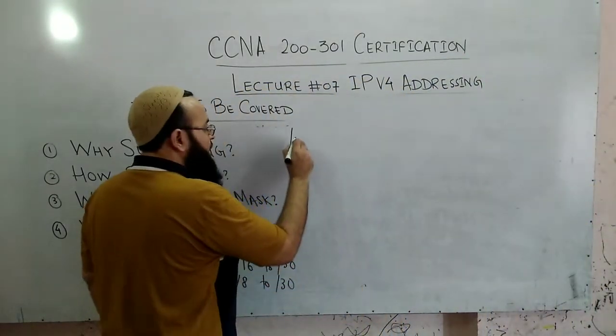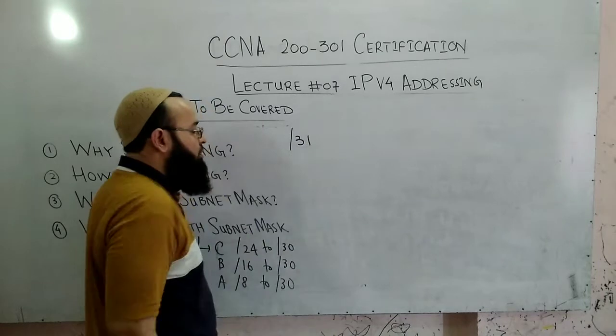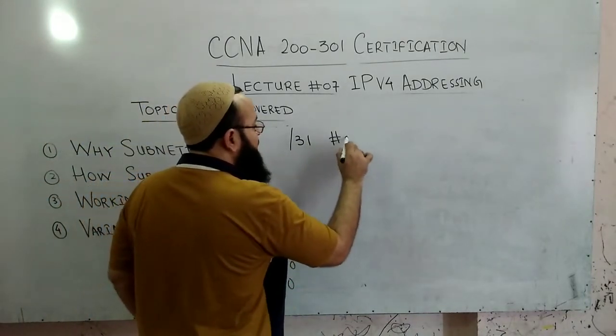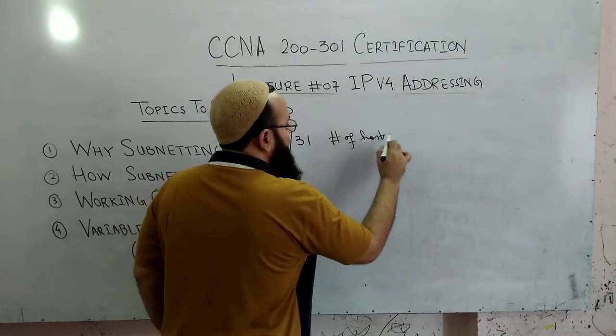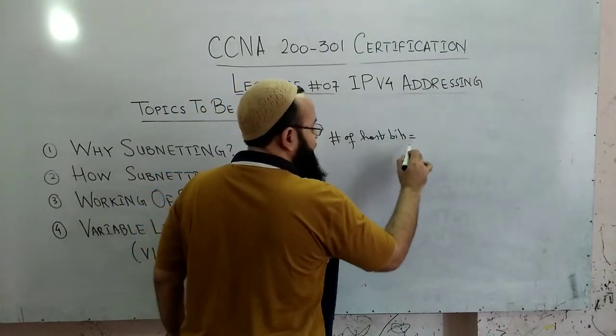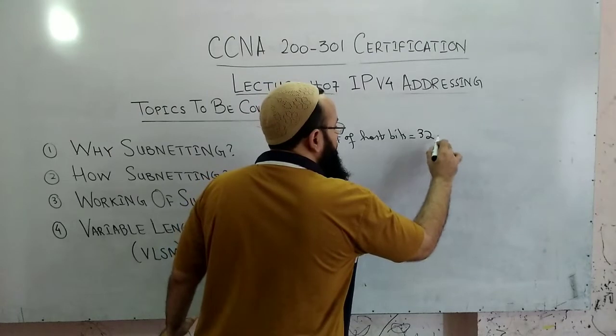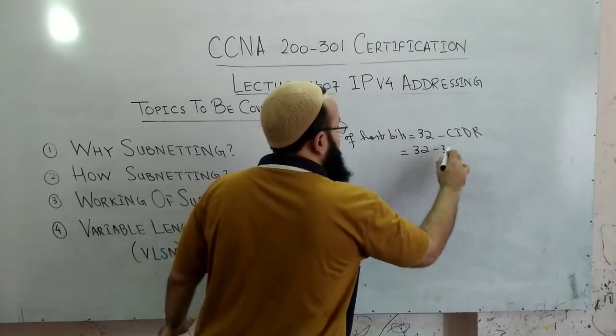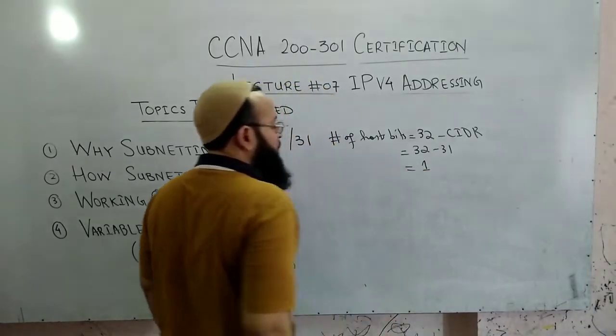If we use a /31, /31 means the number of host bits. How many? The number of host bits has the formula 32 minus CIDR. 32 minus 31 leaves only 1 bit for the host portion.